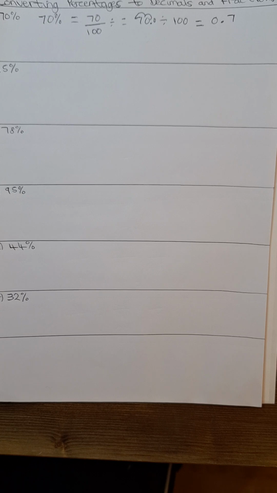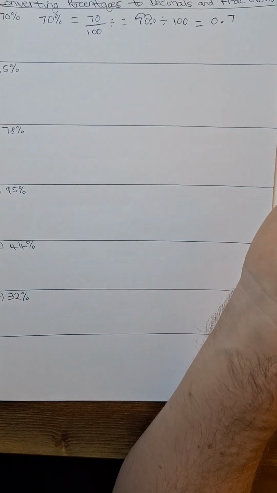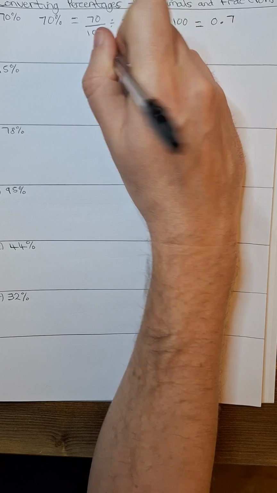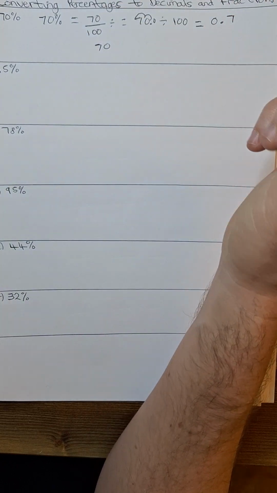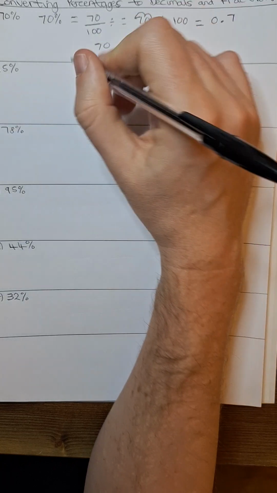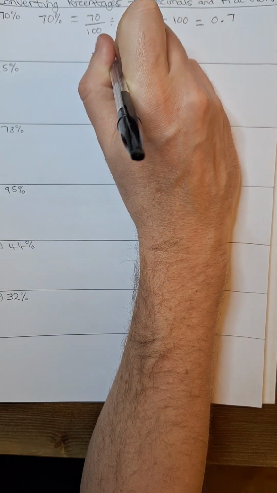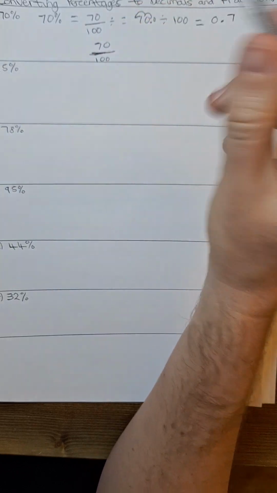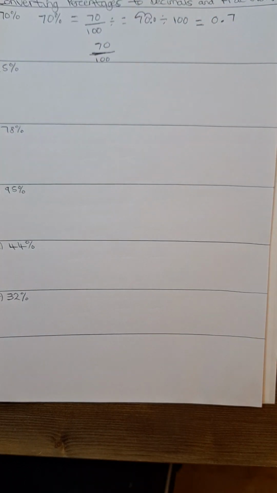Now to get it to a fraction, we have 70 over 100, and we want to get that in its simplest form. To get a fraction in its simplest form, we first find a common factor of both the numerator and the denominator. As 70 and 100 both end in a 0, I know they have a common factor of 10.